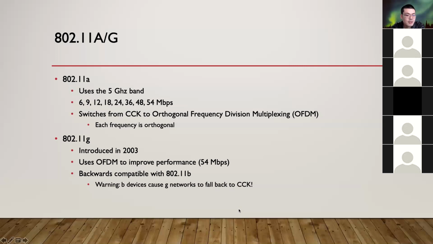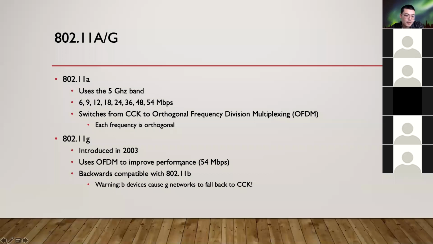And then you have the G version of the protocol, 802.11g, introduced in 2003. It still uses OFDM, orthogonal frequency division, to improve the performance. We call it multiplexing because they are all sending to the same area, but they have some encoding method to make sure the codes are kept apart.